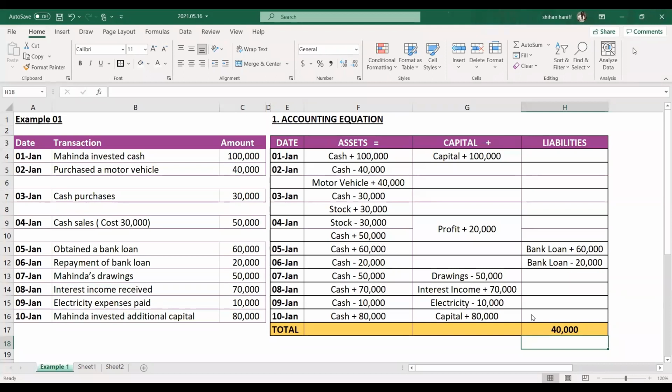electricity will reduce the capital because it's an expense. You are paying. It's a payment. It will reduce the capital. Expenses will reduce the capital. Income will increase the capital.